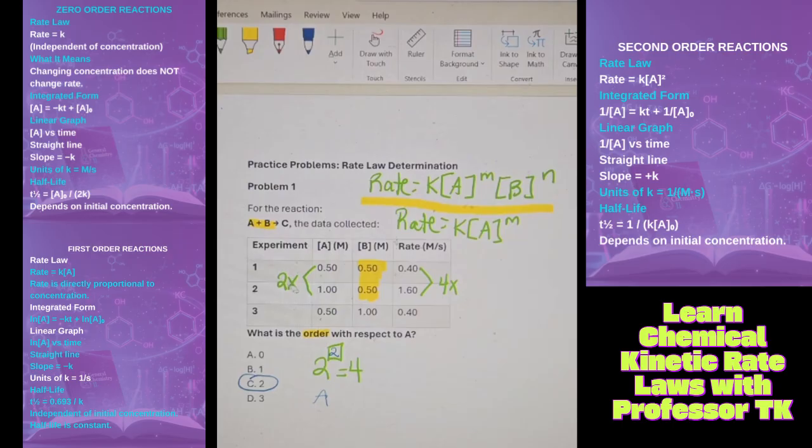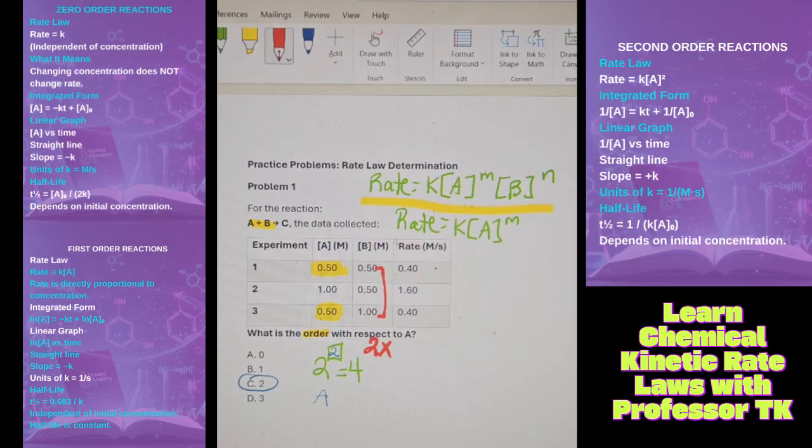Now, to find B, we need to hold A constant. So experiments 1 and 3 hold A constant, therefore I need to look at 1 and 3 for B. I noticed that B doubled for experiments 1 and 3.